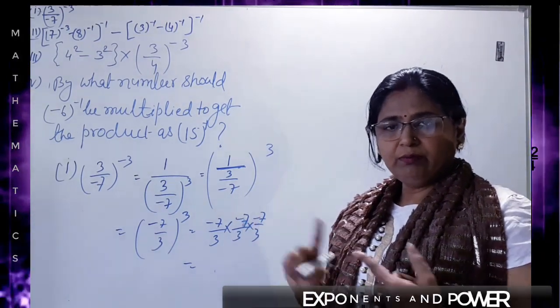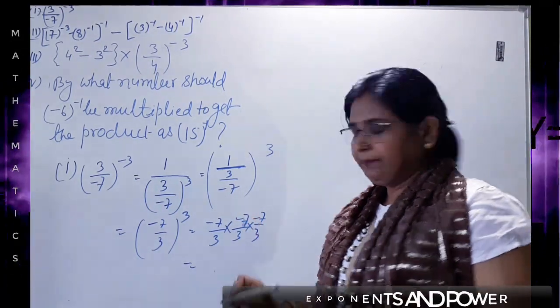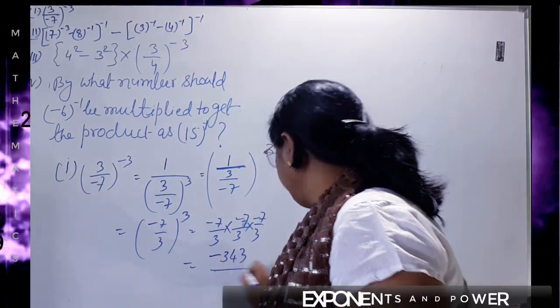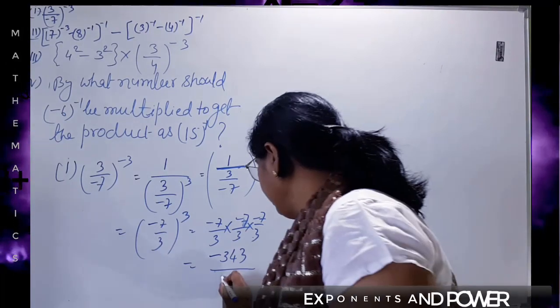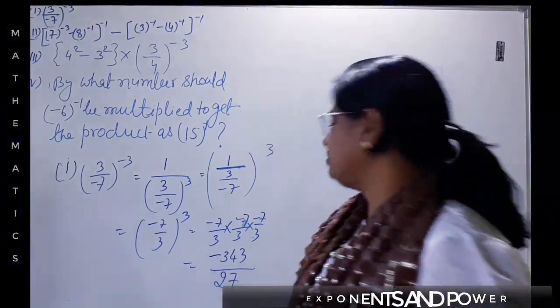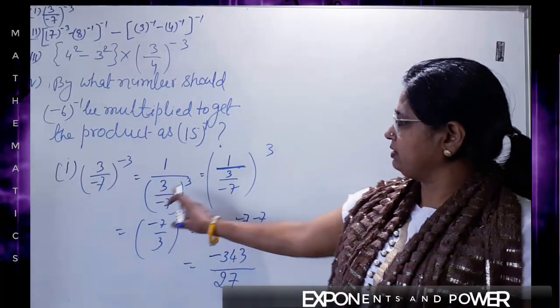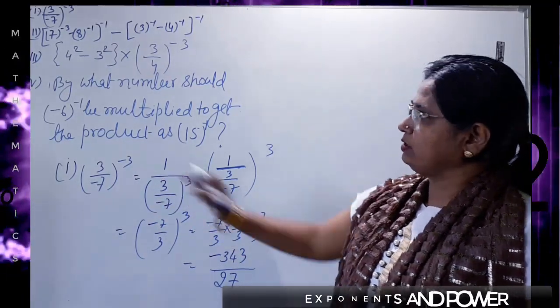Minus minus plus, plus minus minus. Minus 343 by 27 is your answer. Like this, step by step you can solve this question.